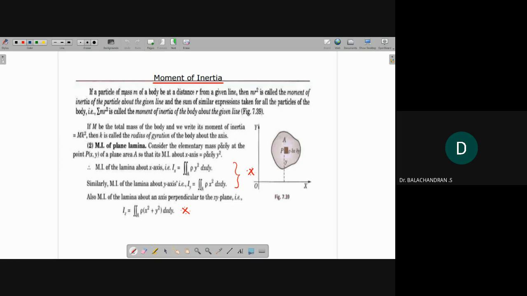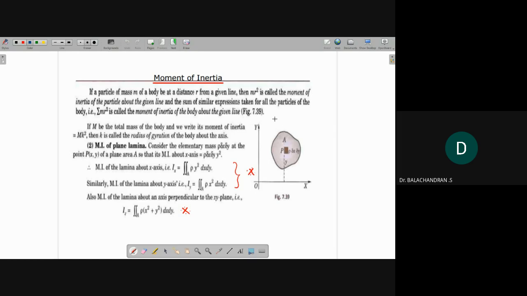If a particle of mass m of a body be at a distance r from a given line, then m r square is called the moment of inertia of a particle about the given line. And the sum of a similar expression taken for all the particles of the body, summation m r square, is called the moment of inertia of the body about the given line.